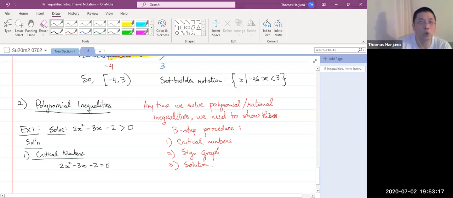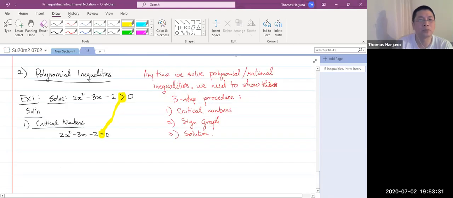So when I deal with the critical numbers, I change this inequality sign into an equal sign first. Now then, I solve this quadratic equation, of course by factoring, which I assume you studied yesterday.